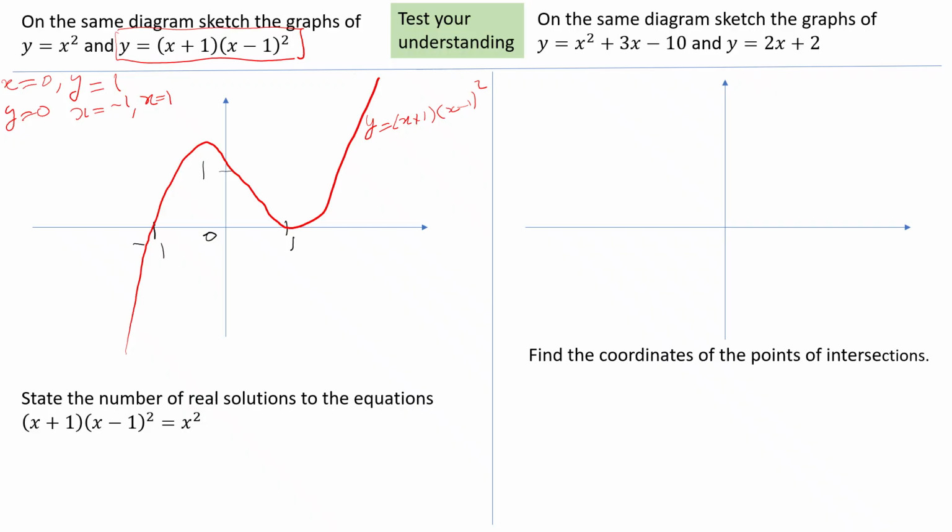Now the second graph is quadratic. I'm going to draw this one. It's a green line, this way. So these are the intersection points.